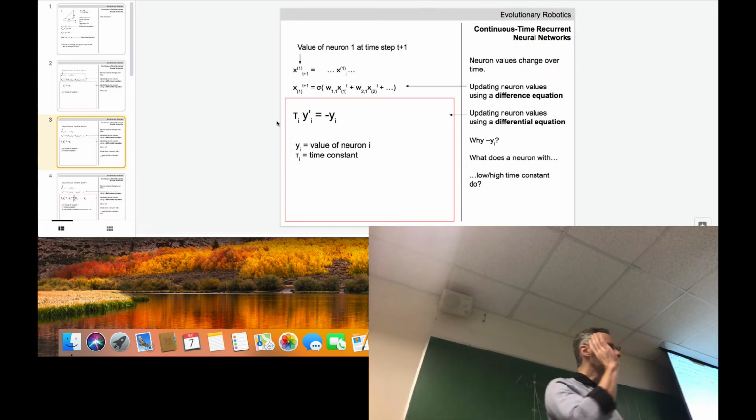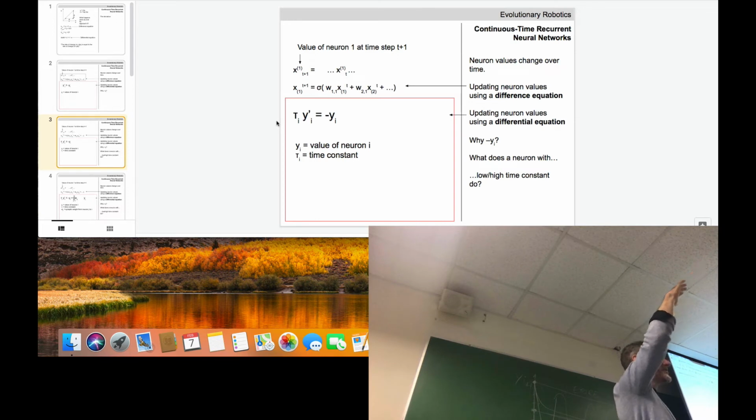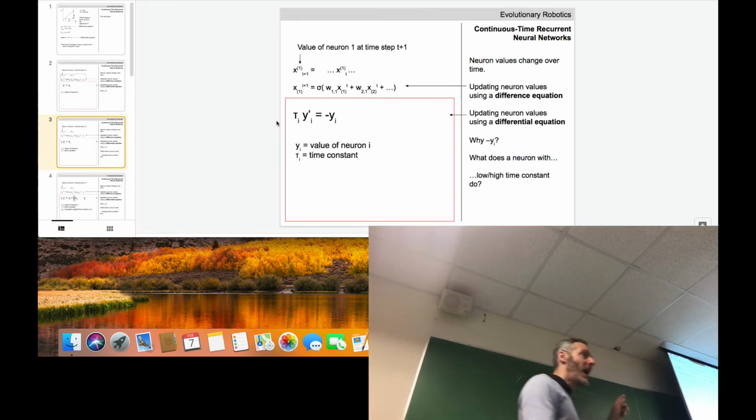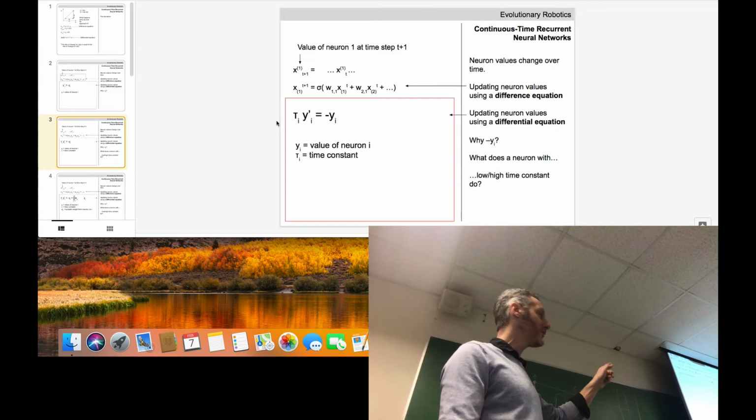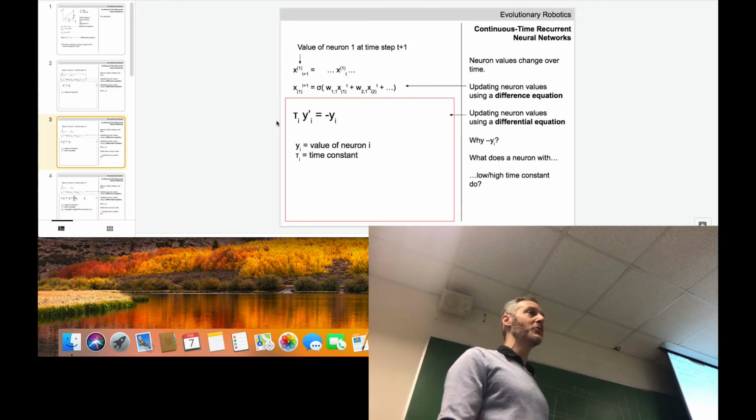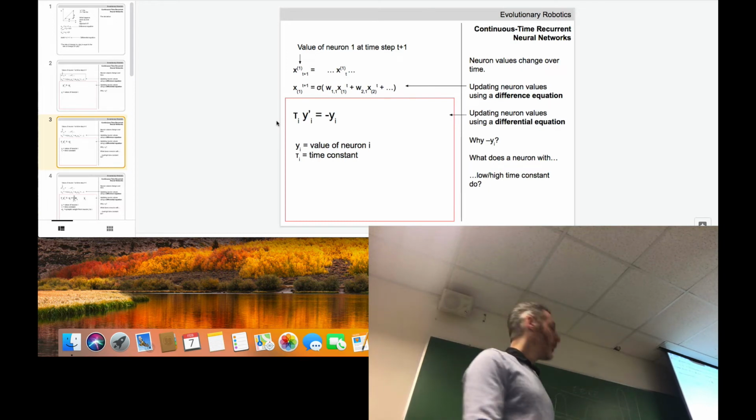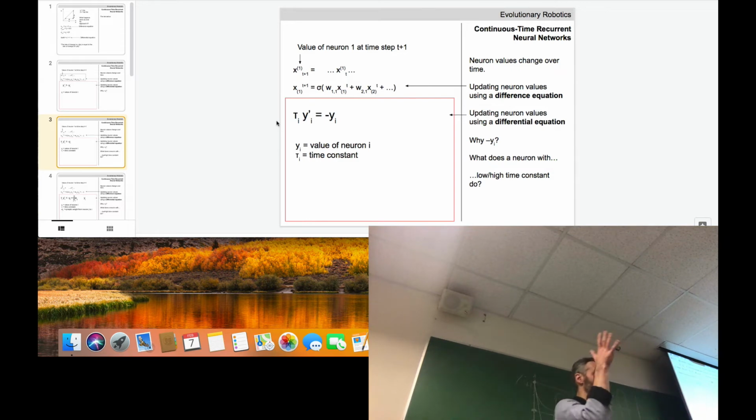The sub i is just to remind us that we're looking at the ith differential equation in this set of differential equations. If we have 100 neurons in our CTRNN, we have a set of 100 differential equations. We have these tau values, and these tau values have the subscript i, which reminds us that the value of tau is associated with that y sub i. We could have a neural network that has 10 neurons in it, and each of those neurons has a different tau value.